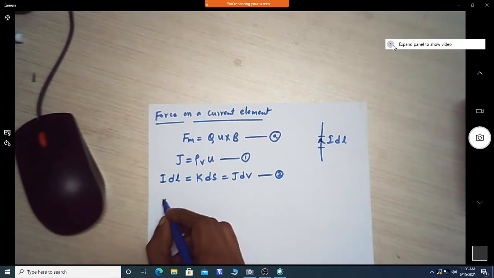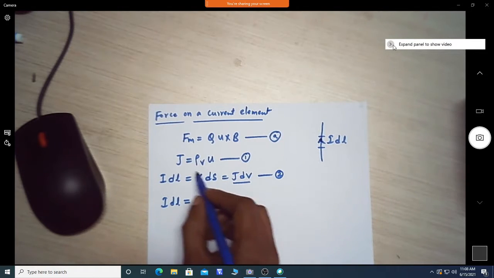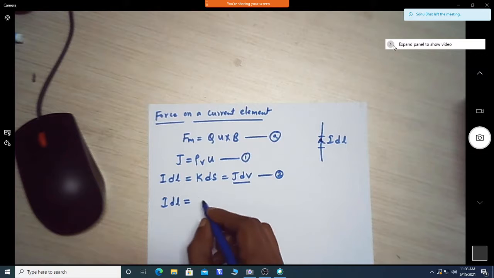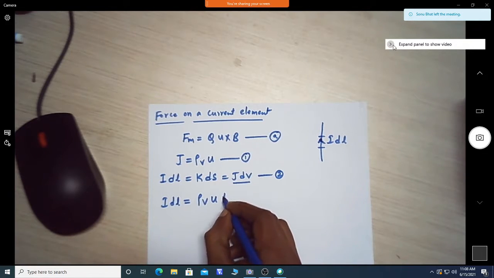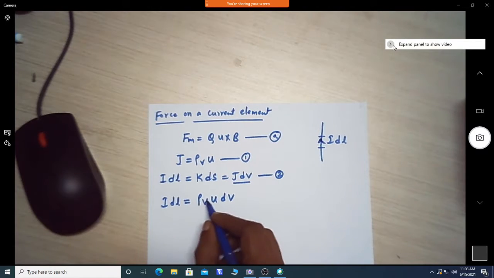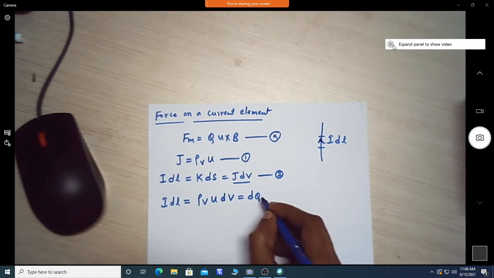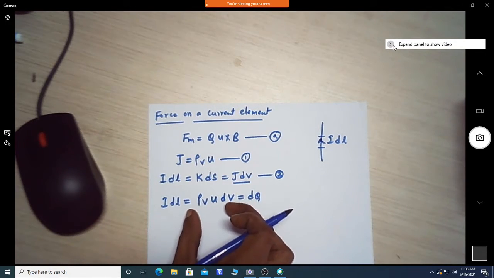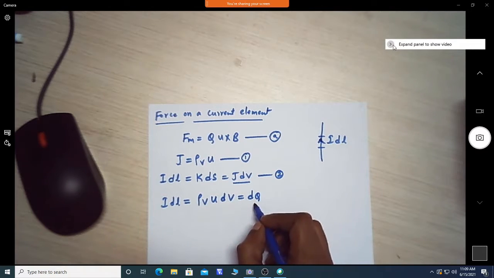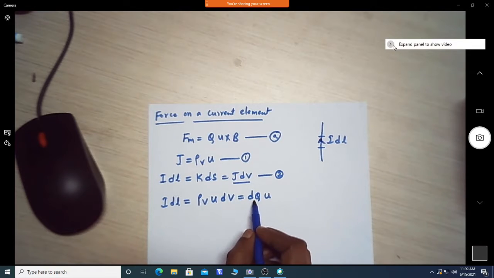So if I take that I dl, which is equal to, if I replace the J from this equation, we are going to get rho V u dV. Now from the fact that if we consider the charge enclosed by the volume, the charge within that volume is dq. So we can also write this rho V dV as equal to dq, into u.